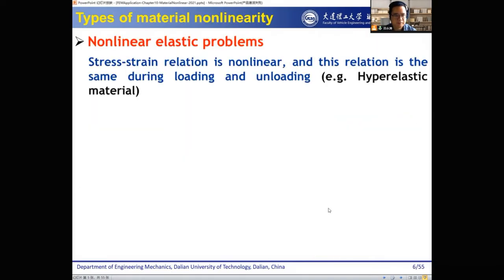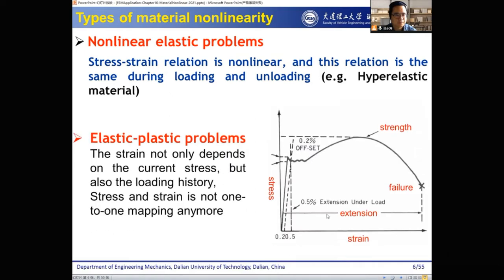Okay, and for the nonlinear elastic problem, the stress-strain relationship is nonlinear, and the relation is the same during loading and unloading. Okay, the relationship is the same, which means we don't have the visco effect.